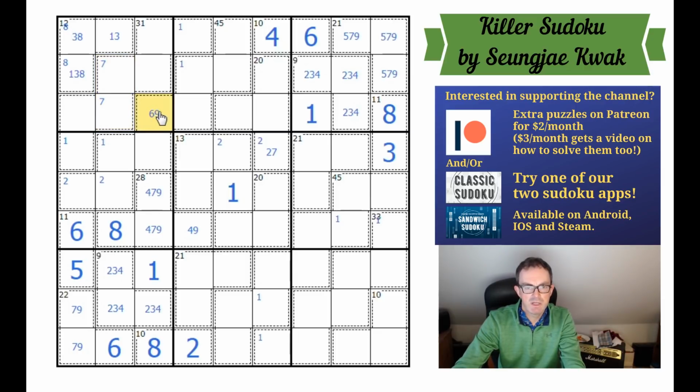Oh, so if we can eliminate the 9. Now, if this is 9, this has to be 1, 6. It can't be 1, 6. That's unbelievable. So this square can only be a 6, and this is a 1, 5 pair, and there's a 5 there. So this is a 1, this is a 5. Good grief, this is a 1.